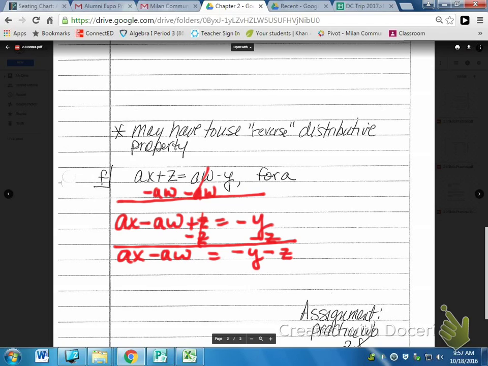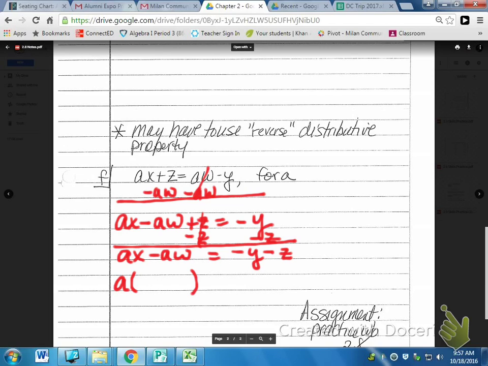Okay, here's where the reverse distributive comes in. You see how the A is in both of those? There's no way that I can isolate them when they're in two different things. So what I'm going to do is bring the A out in front, and it's really called factoring, okay? But we're going to refer to it as reverse distributive. You might understand a little bit better.